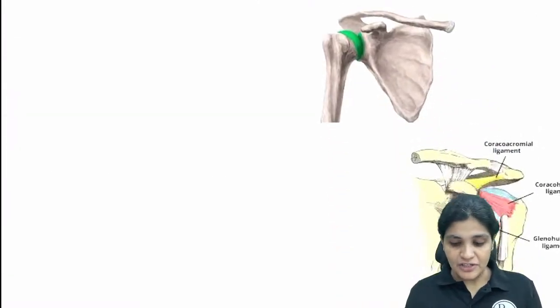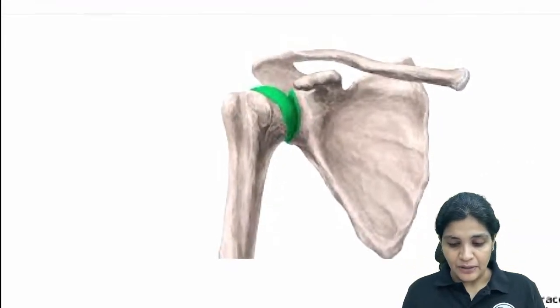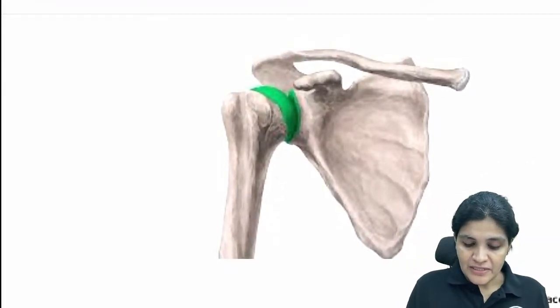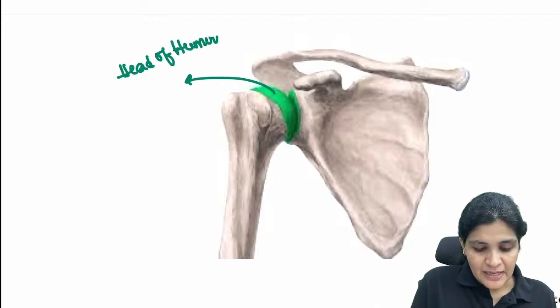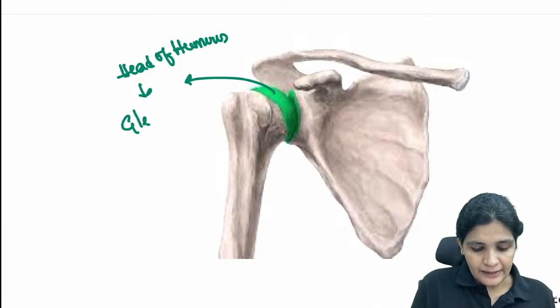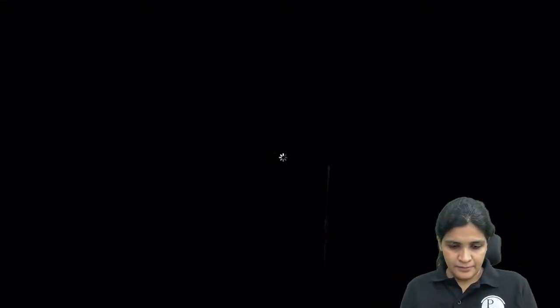So what are the structures which are forming the shoulder joint? Can you name them? The first and foremost is your head of the humerus, which sits in the glenoid, right?